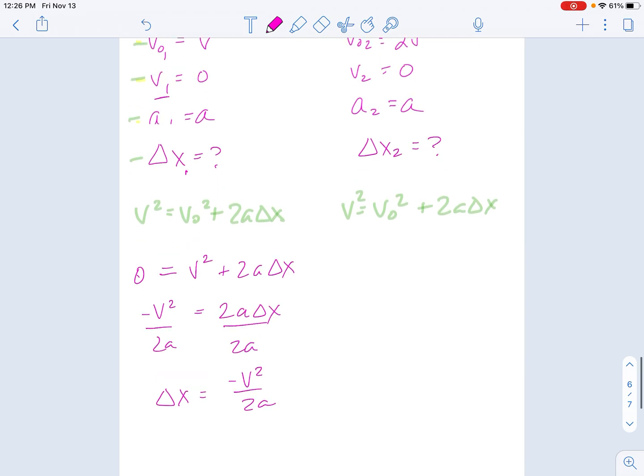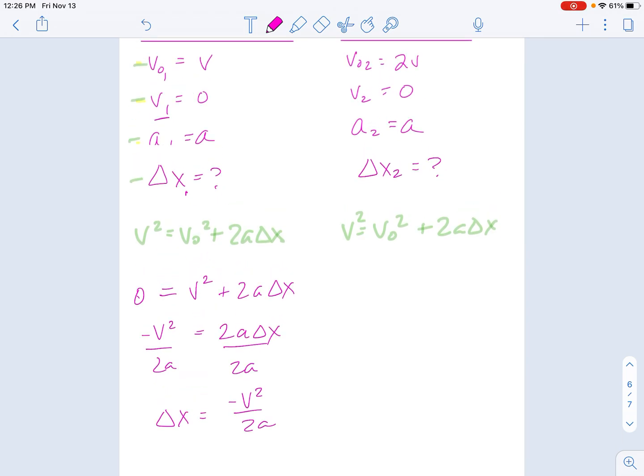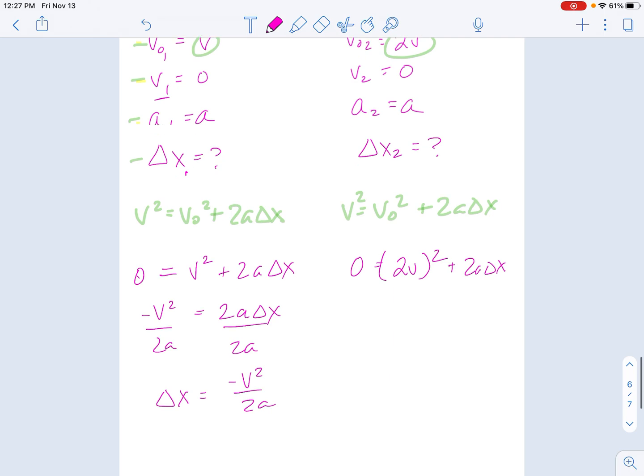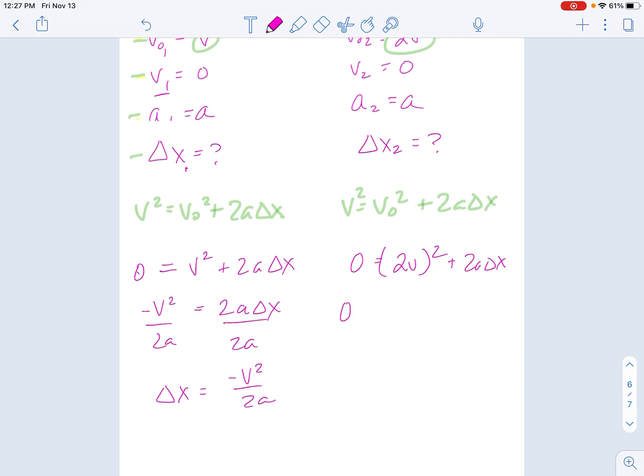Okay, now let's consider what happens when we double that velocity. I've plugged in 2v instead of v, and I need to make sure to square the whole thing. So it's 2v squared in parentheses, which is 4v squared.